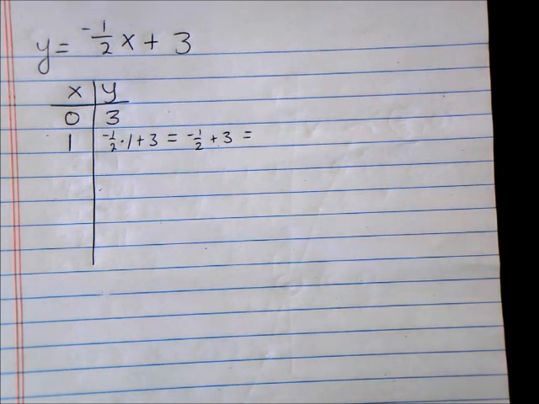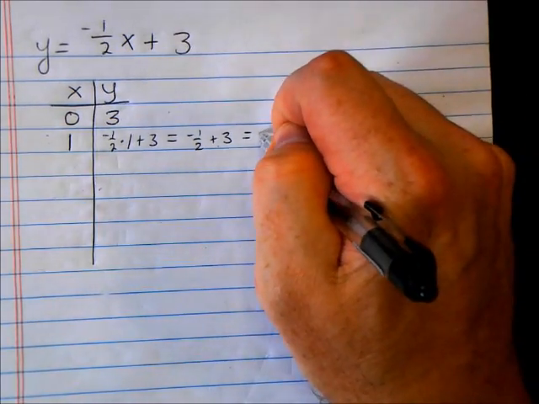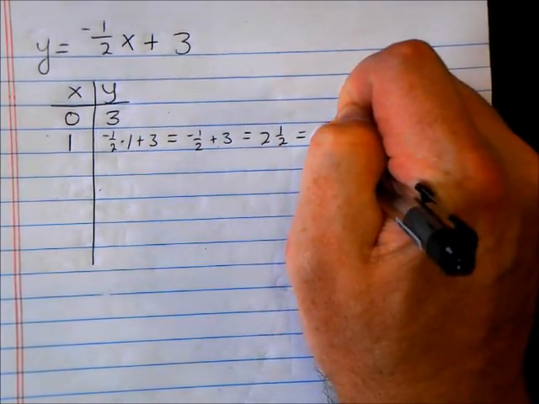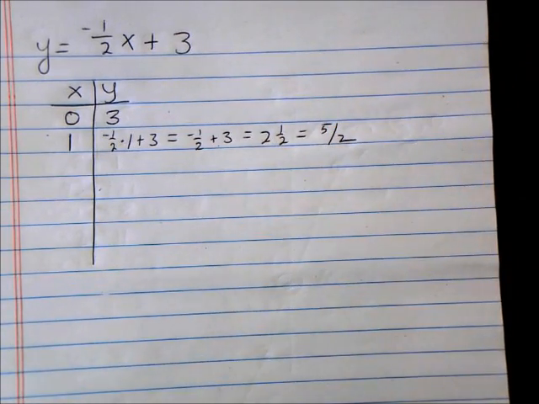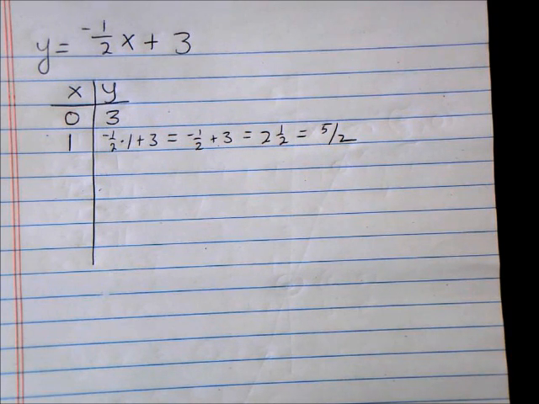How come I don't like fractions very much? They're harder to graph. When I graph, I want things to come right on the tick marks. So again, while there is nothing wrong with this, I'm personally not a fan of it because I don't like fractions very much. So in my opinion, 1 for this problem is not a great number to plug in, because when you plug in 1, you end up with a fraction.